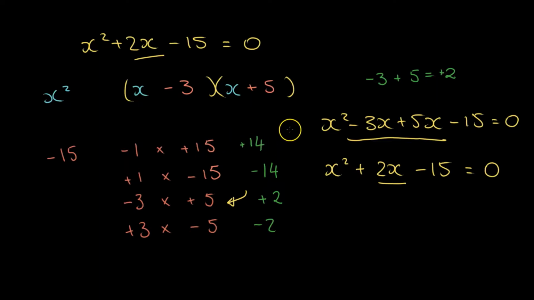So let's just go through that quickly again. First of all, I break down my x squared term. Then I break down my final term, the final number in the quadratic equation, into its factors, making sure that I include all of the negative factors that it could be as well. So say I had positive 15, that could be broken down into -3 and -5. I didn't do that before because everything was positive.